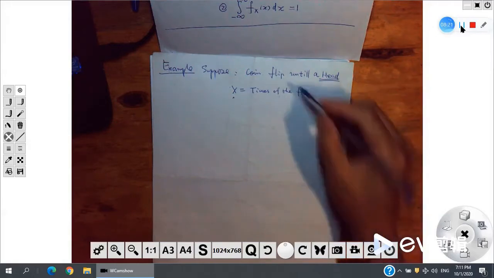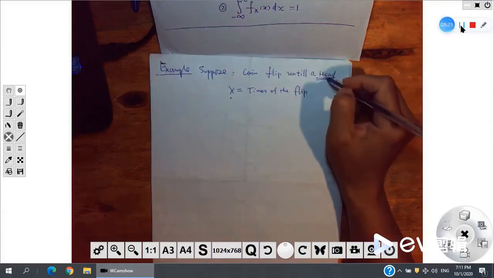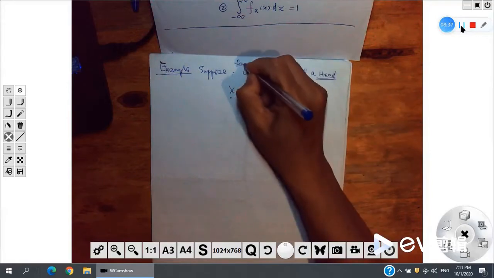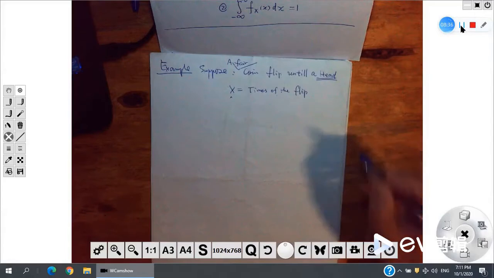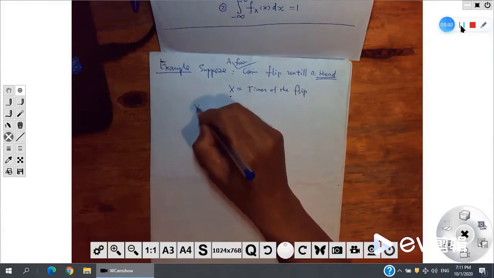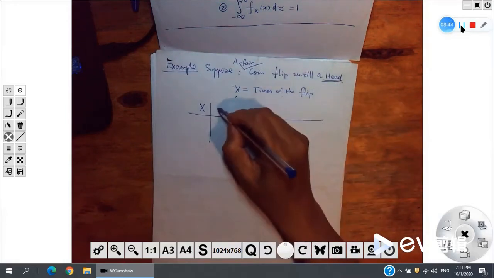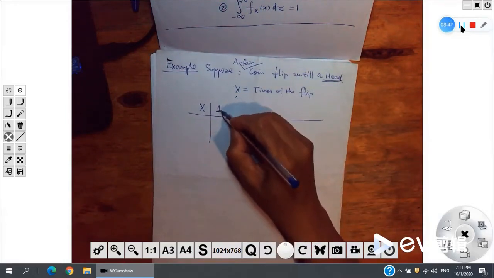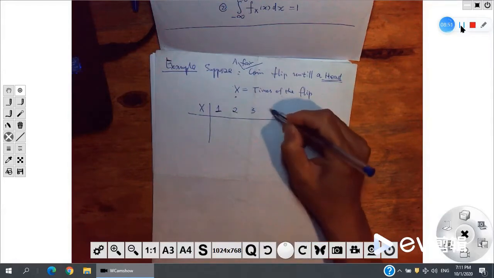We suppose this coin has the same probability for both head and tail, half and half. All right, it's a fair coin, right? Okay, then we think the sample space of X will be what? X could be maybe the first time you get the head, or maybe the second time, maybe the third time, maybe the fourth.